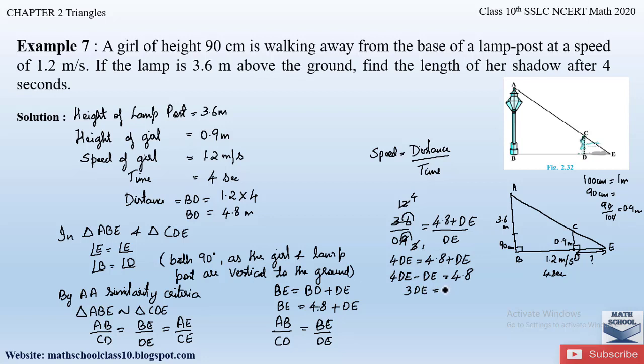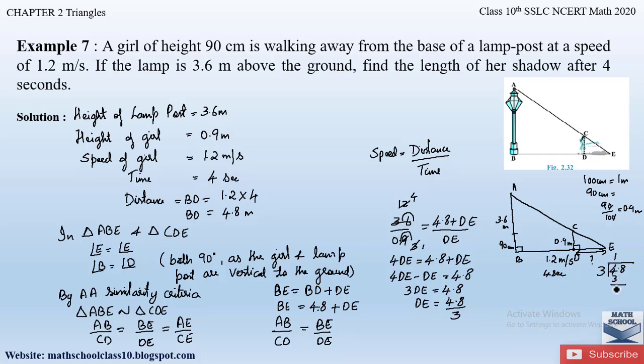3DE is equal to 4.8, or DE is equal to 4.8 divided by 3, sending this 3 to the right hand side. So let us divide this and find out the value. We have 4.8 divided by 3. 3 ones are 3.